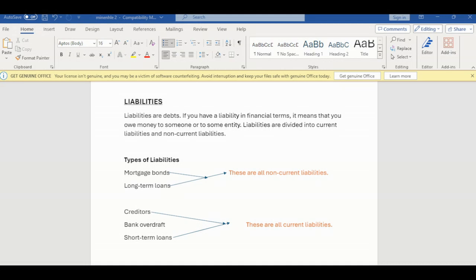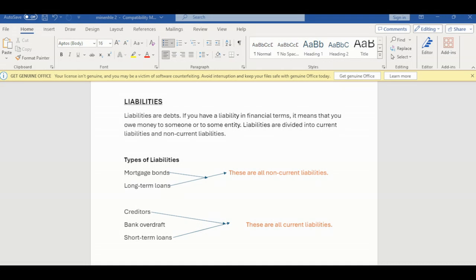Mortgage bonds are used to purchase land and buildings, where you are going to run your own business. Now coming to the long-term loan.